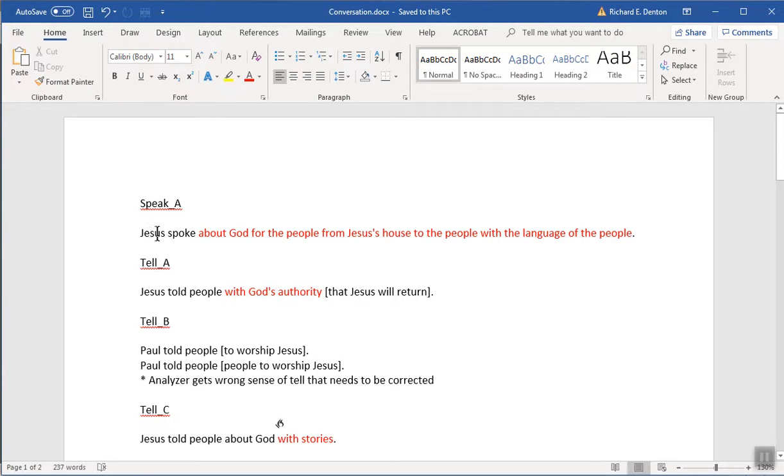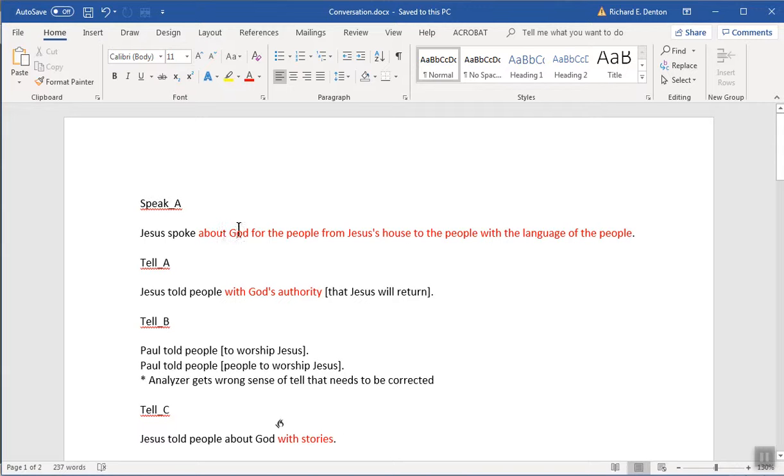Now in these examples, I'm going to use the black text for mandatory parts of the sentence, and the red items will be optional. So here's the most general way with all the optional arguments you could use speak. Jesus spoke about God for the people, from Jesus' house, to the people, with the language of the people.